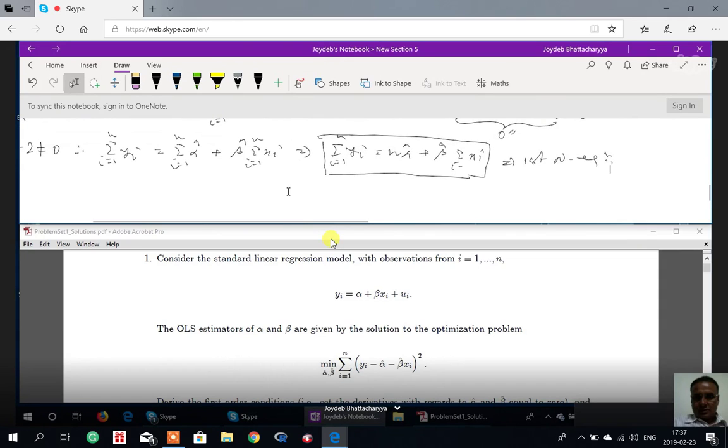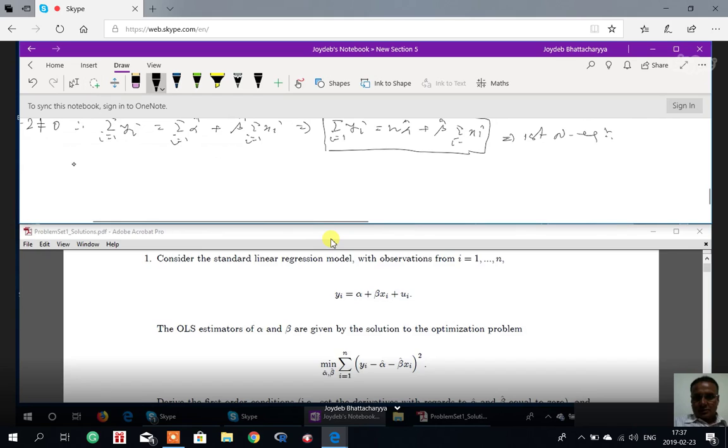Now the next normal equation, if I try to show it to you, will be the same way.